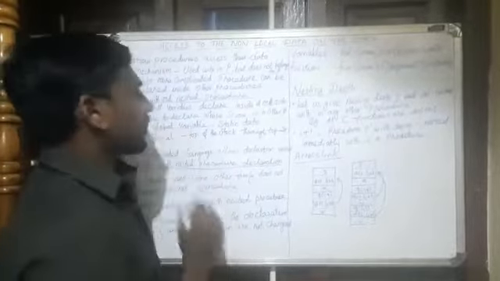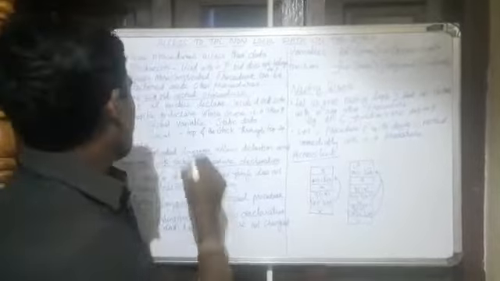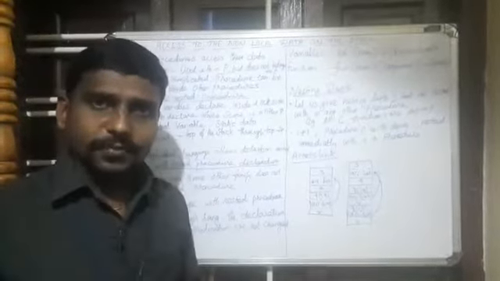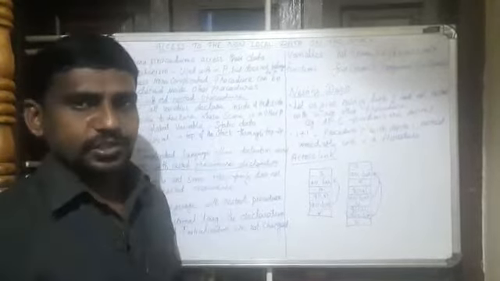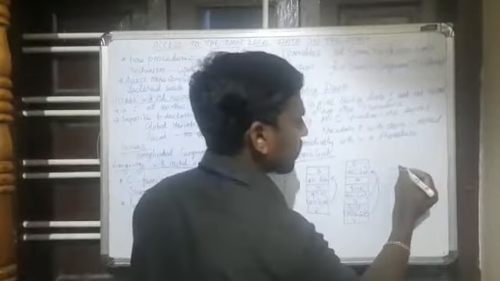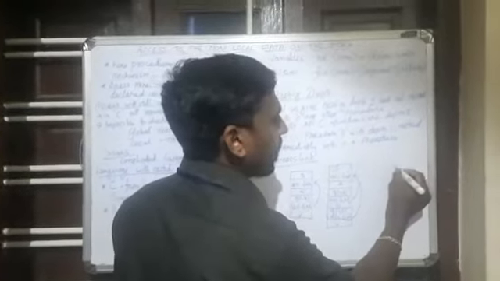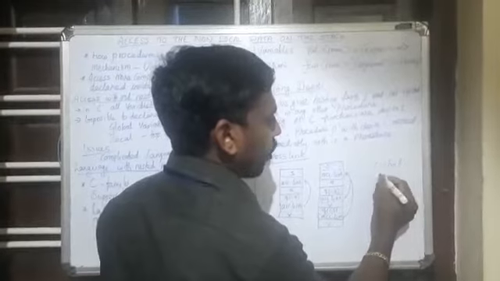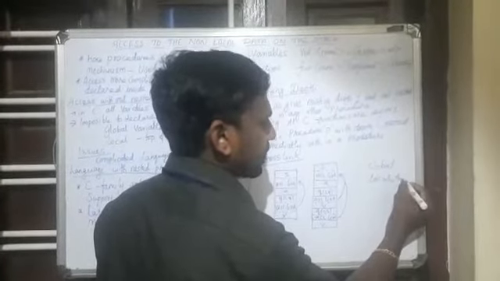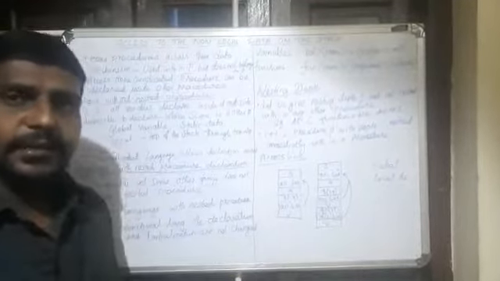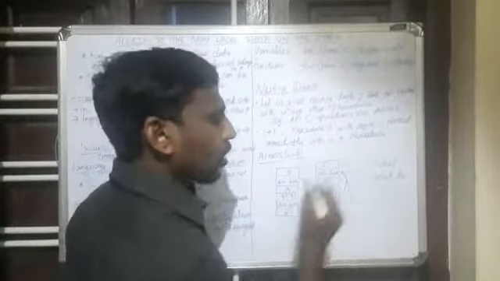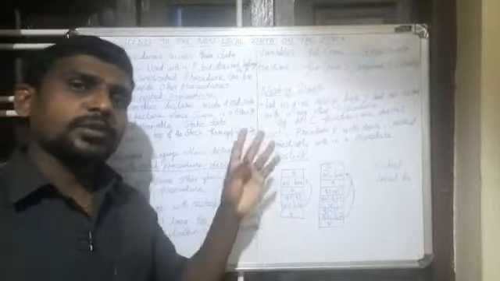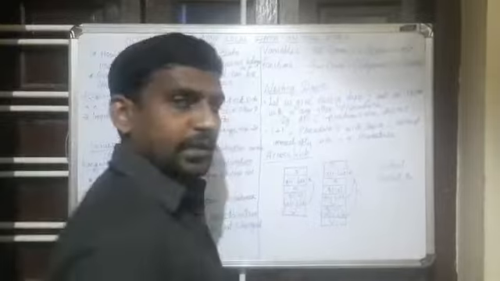In C language, variables are declared inside and outside the function. If you declare inside the function, that is called a local declaration. If you declare outside the function, that is called a global declaration.